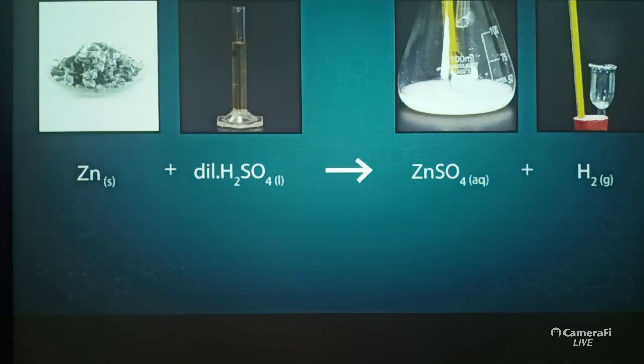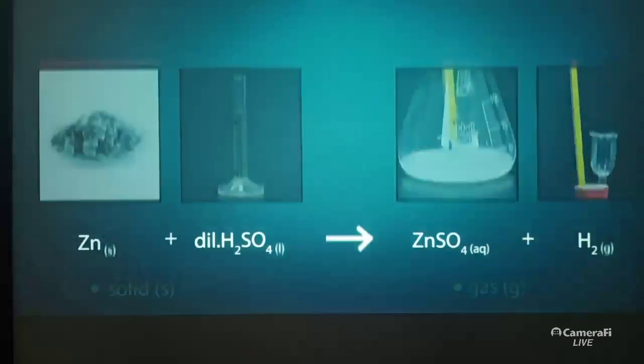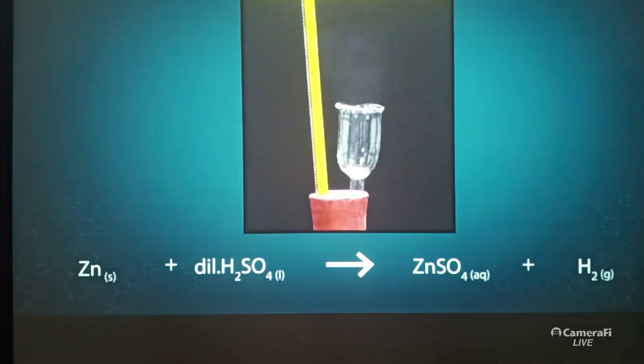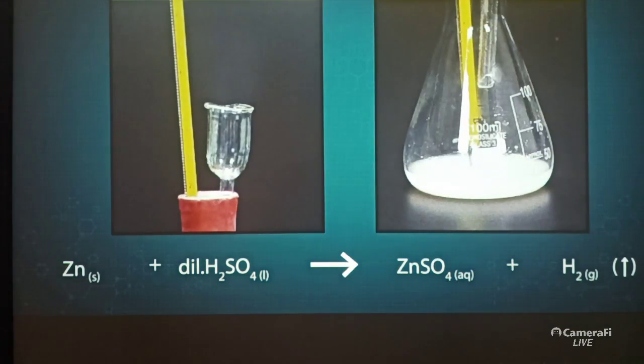In chemical equations, we denote a solid with S, a liquid with L, a gas with G, an aqueous solution with AQ, a gas produced with an arrow pointing upward, and a precipitate formed with an arrow pointing downward.